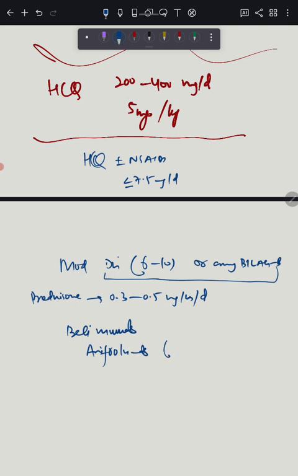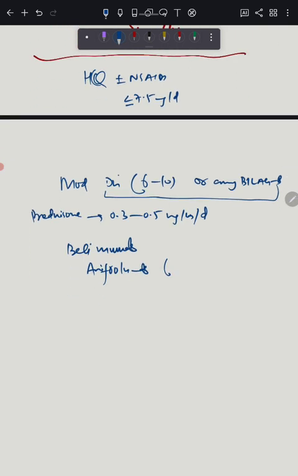For severe organ threatening disease, you have to give pulse therapy of methylprednisolone 500 to 1000 milligrams IV daily for 1 to 3 days. Then you have to taper this on oral steroids. And note that if the patient is having lupus nephritis, for example class 3 or 4, then this is severe disease activity.